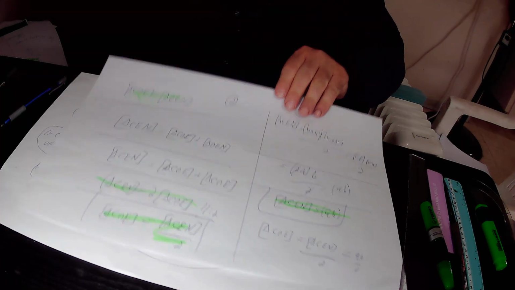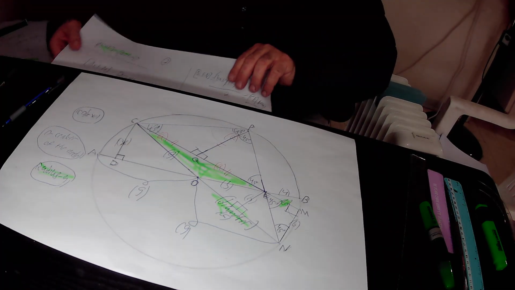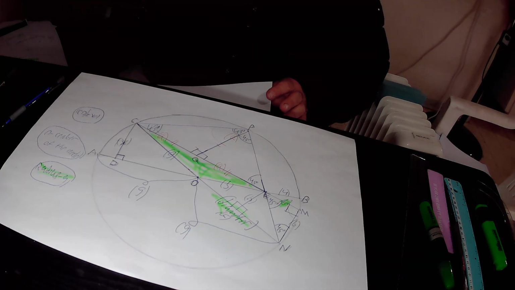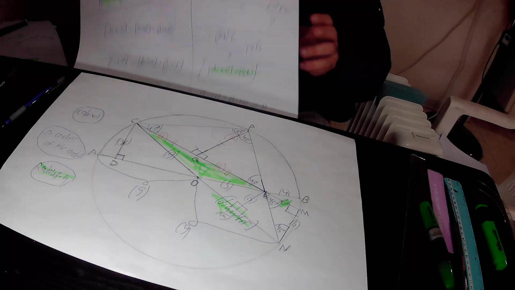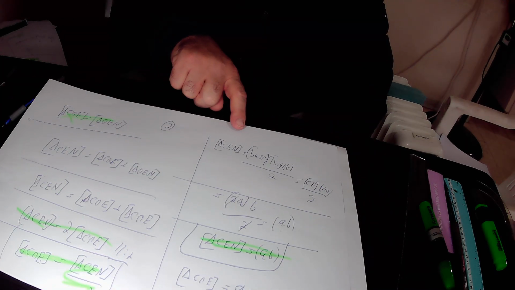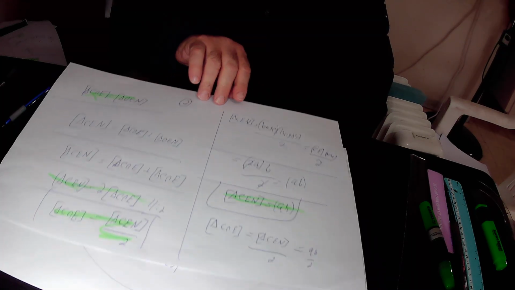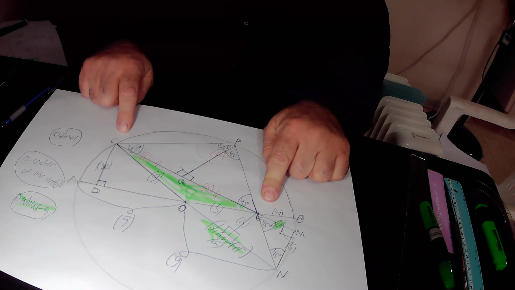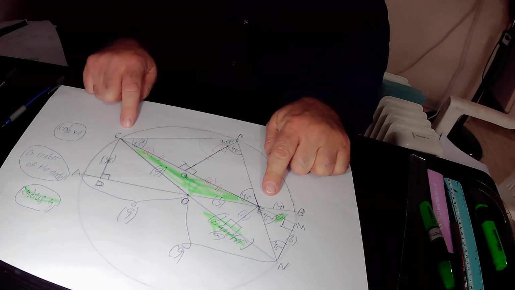In the next step, we calculated the area of this big triangle CN according to the rule that the area of any triangle equals the base of the triangle times the height of the base over 2. We choose the base of this big triangle CN as CE, and the height of the base must create 90 degrees with the extended base.